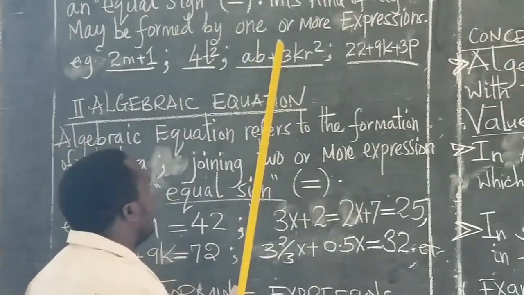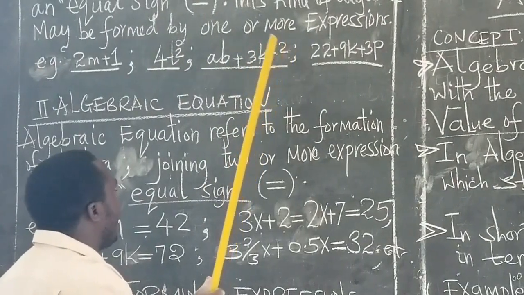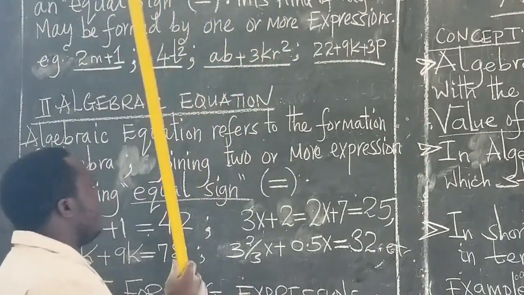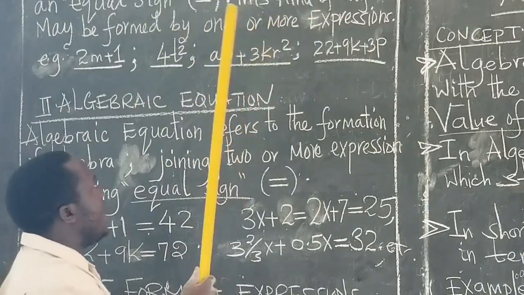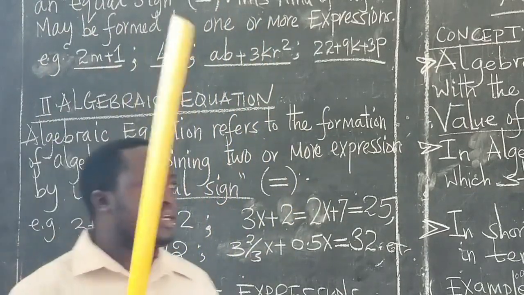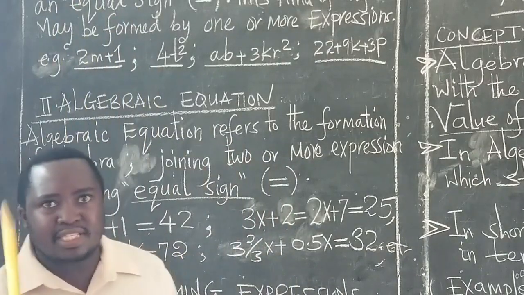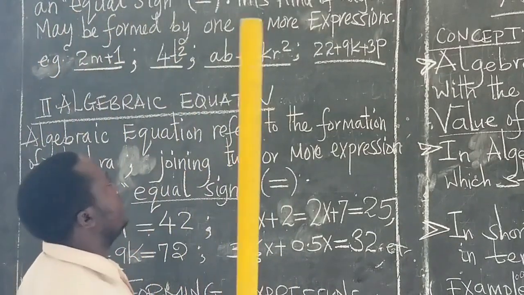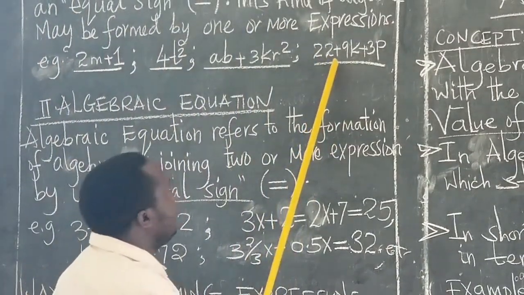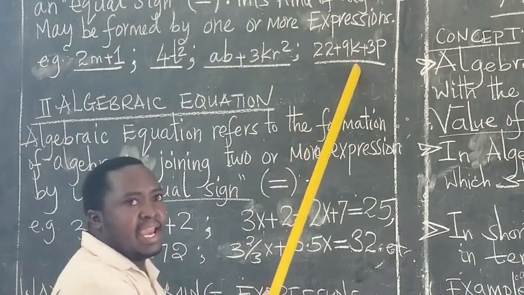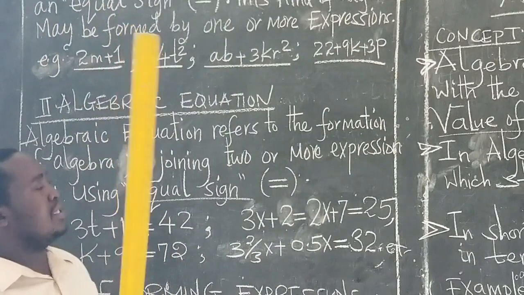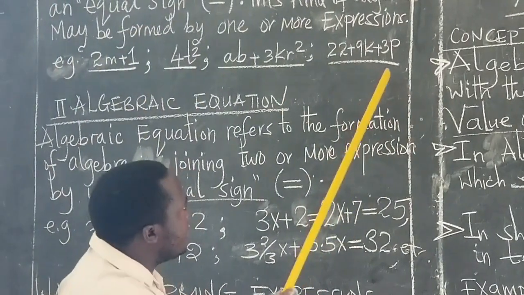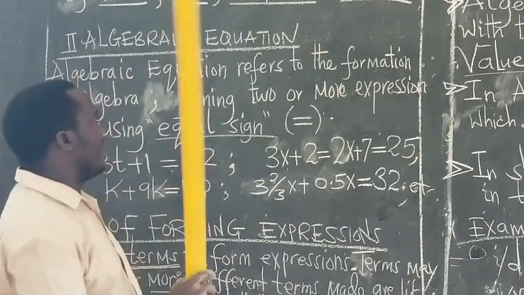AB plus 3k squared r. That also is an expression without an equal sign. We have 22 plus 9k plus 3p. This also is an expression because there is no equal sign.